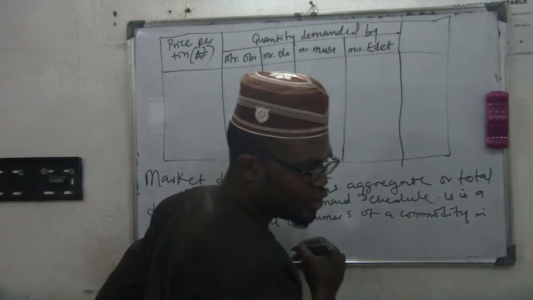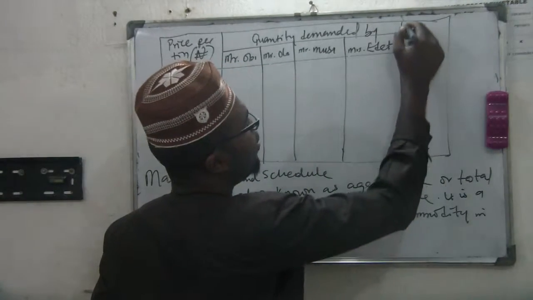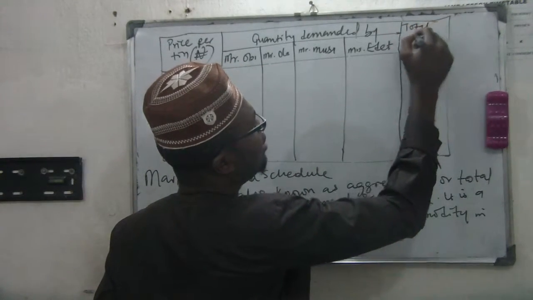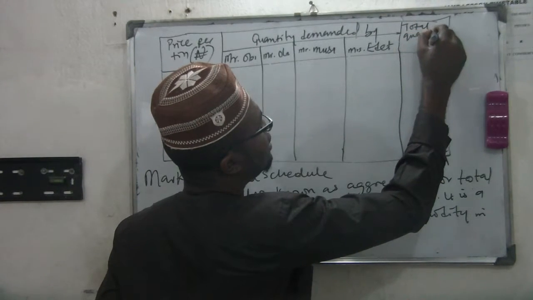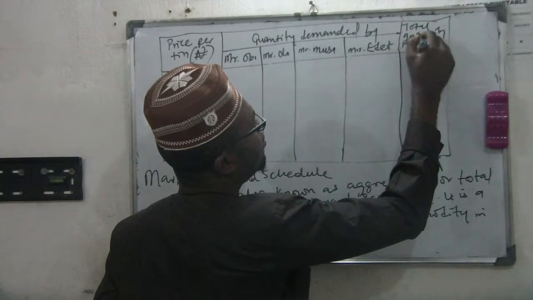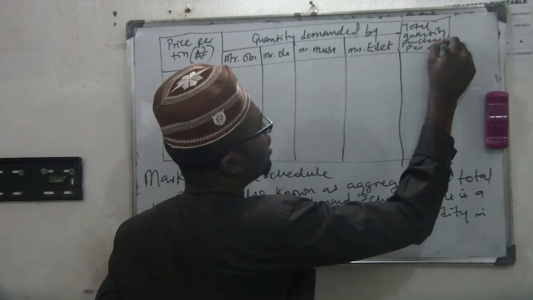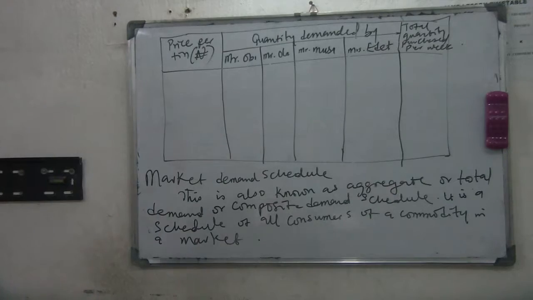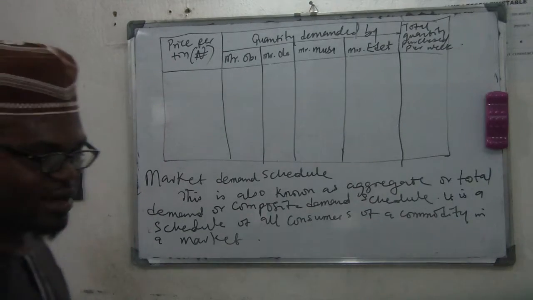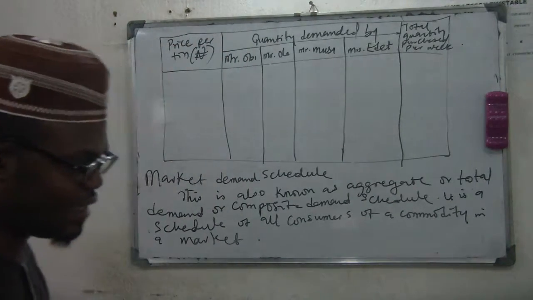Then you have the total quantity purchased per week. So that's what we have in an aggregate demand schedule. Is that clear?